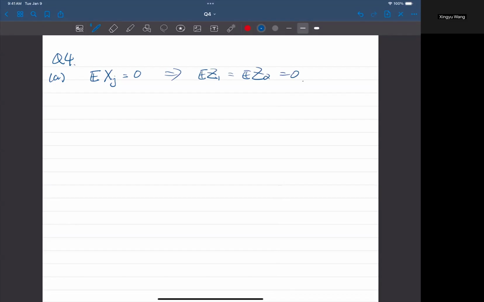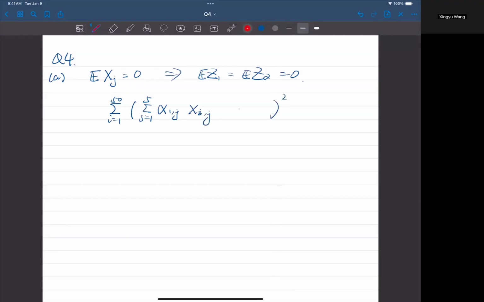An implication is that if you look at the object analyzed in claim A, on the left-hand side, it's the sum over i from 1 to 50 of the square of the sum over j from 1 to 5 of alpha 1j x ij.